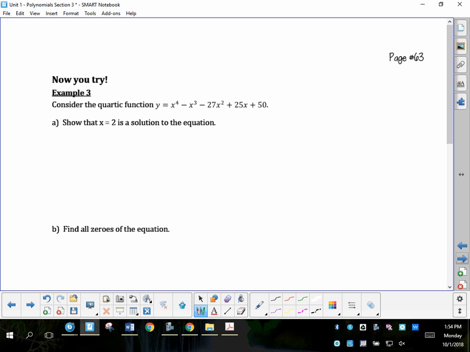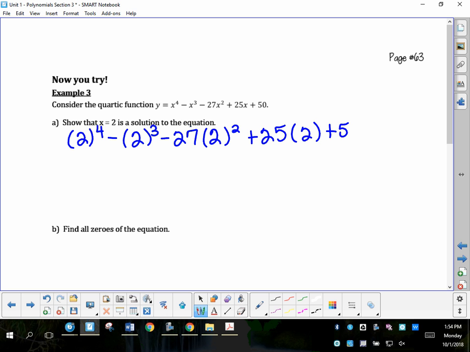So I'm going to plug in 2 to the 4th minus 2 to the 3rd minus 27 times 2 squared plus 25 times 2 plus 50. Now, if I'm doing that out, that's fine. I would never in a billion years see anyone type that in their calculator. Not at all. How would you type it in?